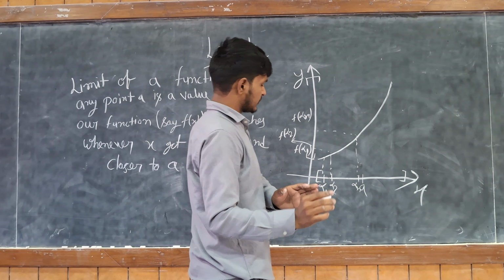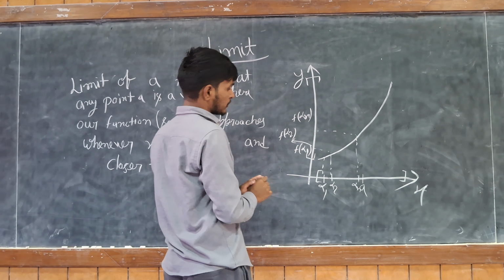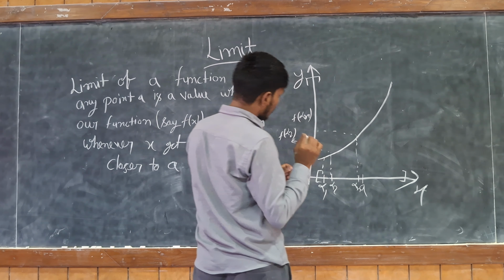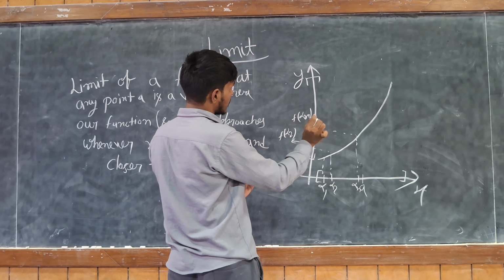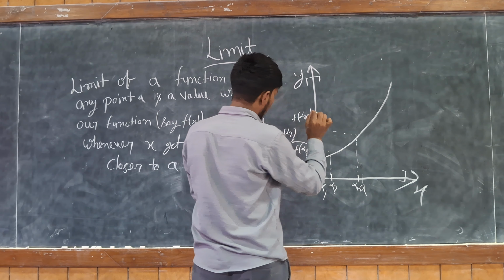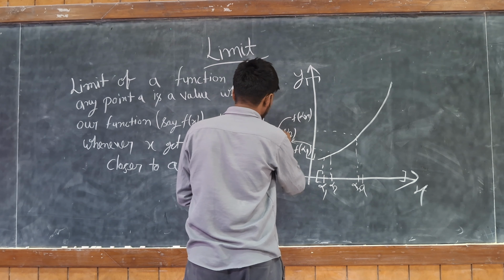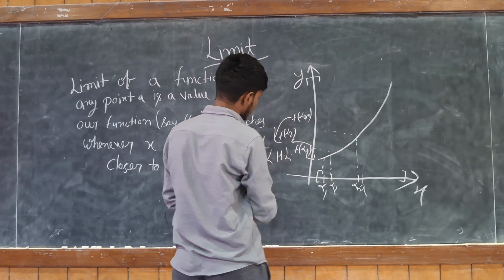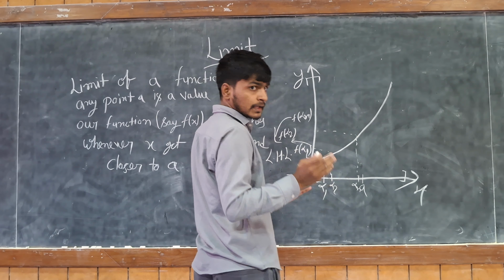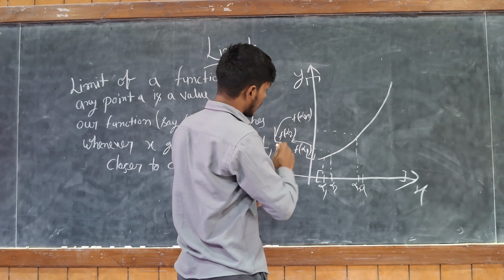From the left hand side, when x approaches towards A, the value of the function approaches a point, say f of alpha n, which is called the left hand limit, where the value from the left hand side approaches.